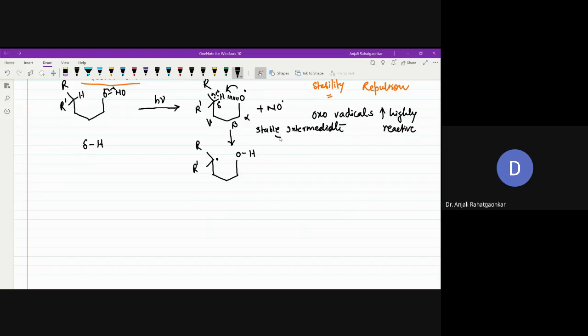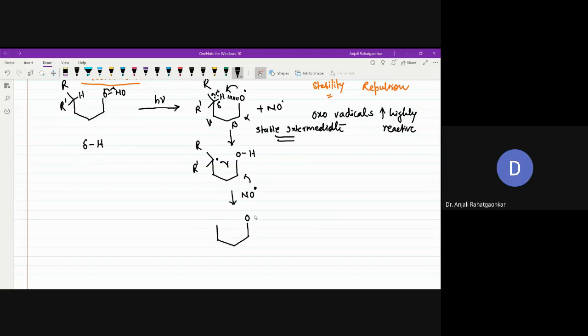So this six-membered intermediate will be another driving force to abstract the hydrogen from the delta position. Now here you will have this. Now how will it be stabilized? The nitroso group is already there in the reaction mixture, so they will combine with each other, and you will get the product. So this is the mechanism.